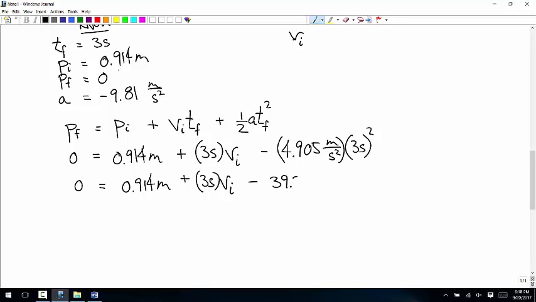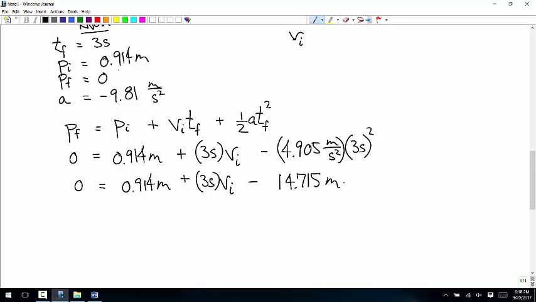Okay. Meters? Is that right? That was okay. No. Dang it. How did it go so wrong for me? Oh, I know why. So what do you get there? 14.715 meters.